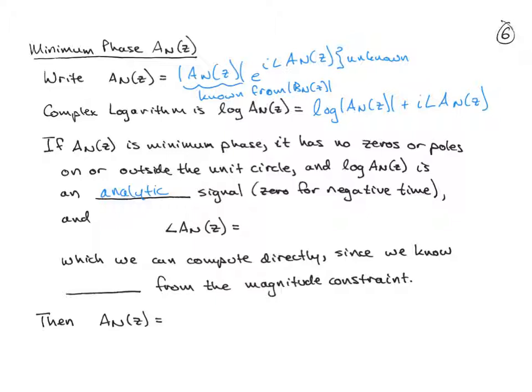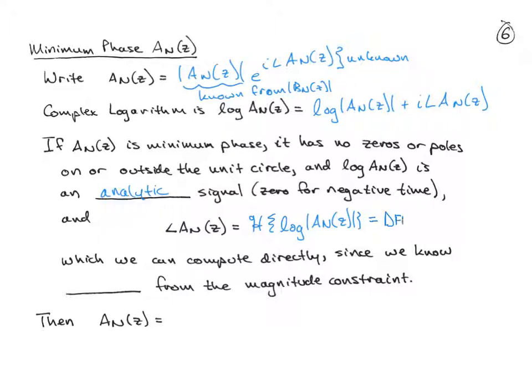That is, it is 0 for negative time. And furthermore, its phase angle for this kind of signal is equal to the Hilbert transform of its log magnitude, which again, we know its magnitude, so we can calculate its log magnitude and subsequently the Hilbert transform of that.